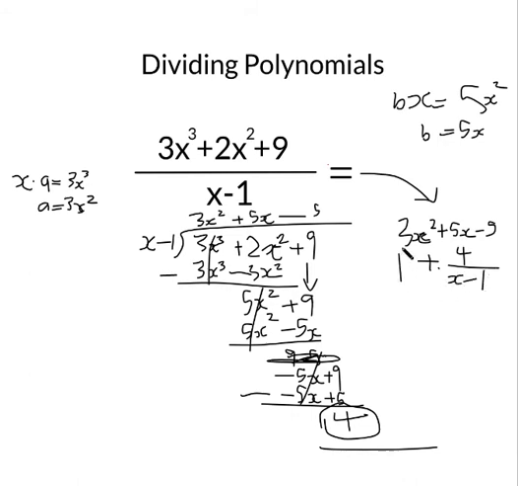So this is our final answer: 3x cubed plus 2x squared plus 9 divided by x minus 1 is equal to 3x squared plus 5x minus 5 plus 4, which we got from down here, divided by x minus 1, which is the divisor.